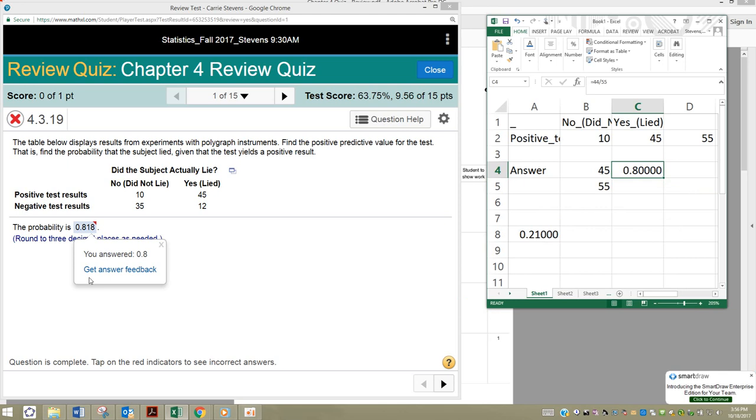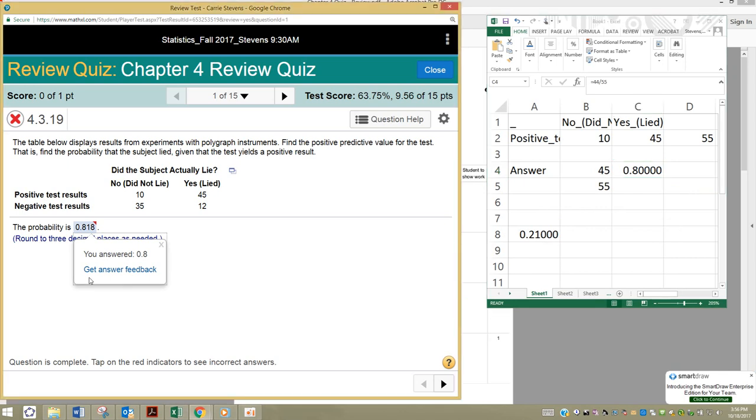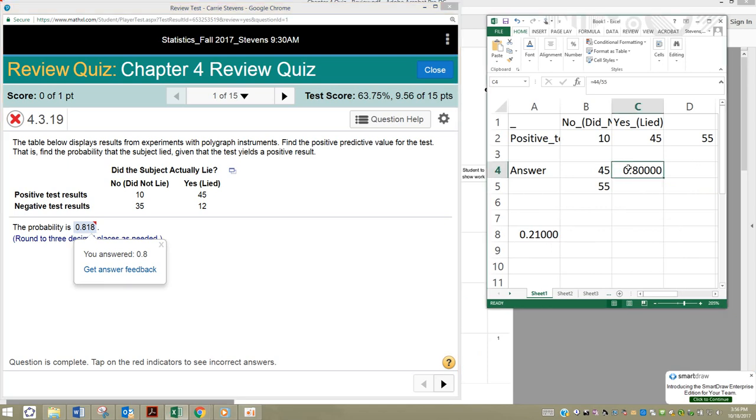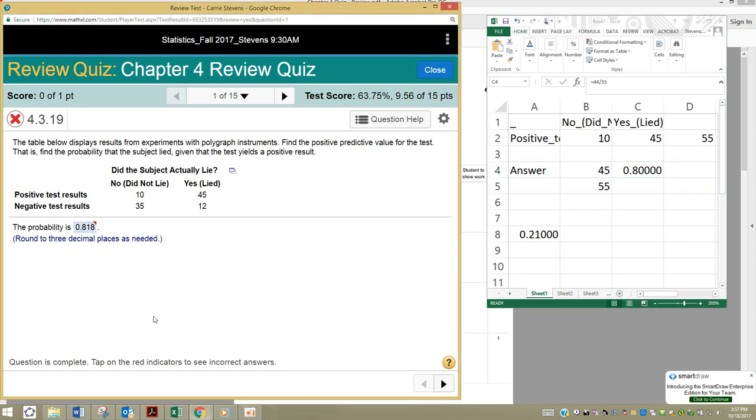What's going on? 45 divided by 55. 45 people that lied out of 55 positive test results. Find the positive predictive value. That is, find the probability that the subject lied given that the test yields a positive test result.